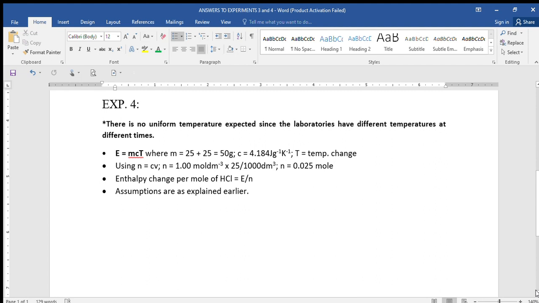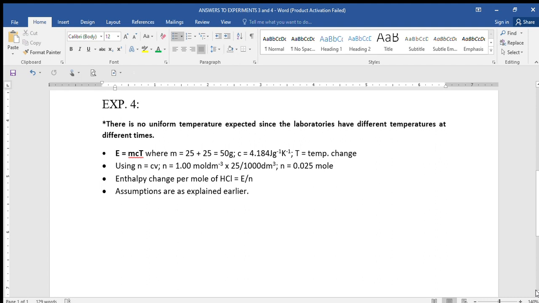How do you get your n? Using the formula n = CV. Your C is 1 mole per dm cube. Then the volume is 25 per 1000 dm cube. So you do your mathematics, you're going to get 0.025. So then you divide those two values and you get your enthalpy change per mole.